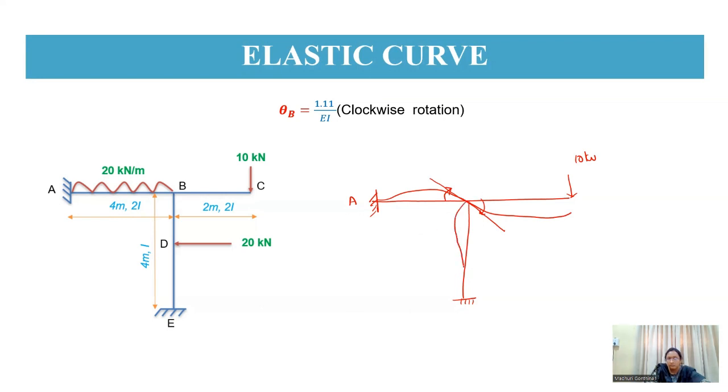Here also. So when we draw a tangent, like this, here theta B will be equal to 1.11 by EI, which is in the clockwise direction. So this is B, this is C, and this is E portion. So this is how you are going to draw your elastic curve.